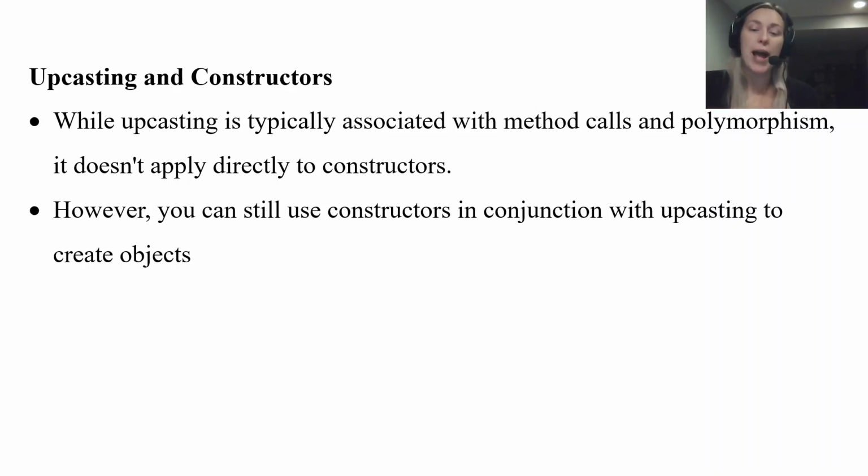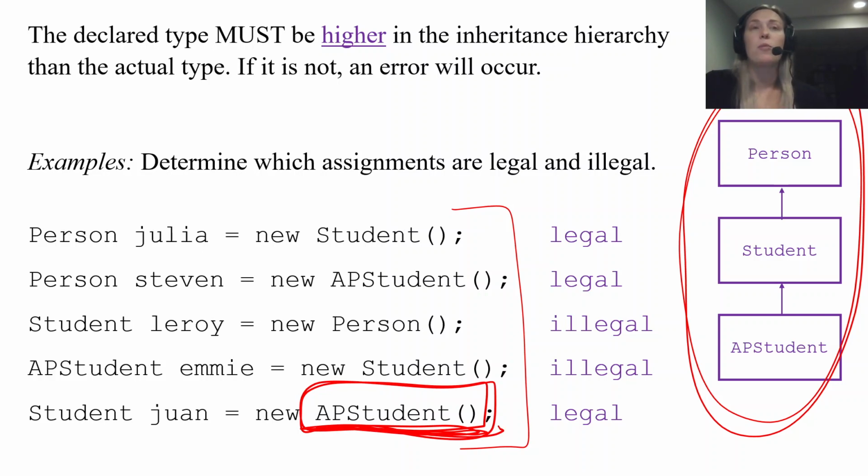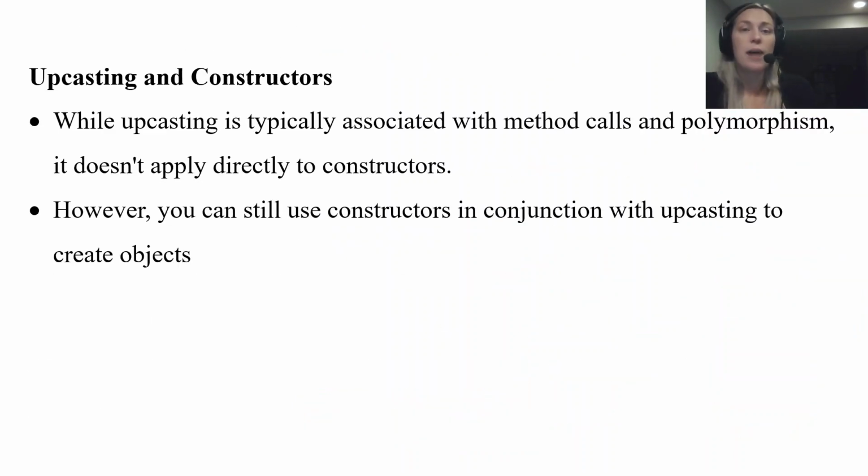Now constructors. What happens with constructors? Because we just saw, Juan is created as an AP student. He uses the AP student constructor. What does that exactly look like? Well, upcasting, the weird stuff kind of happens more with methods, and that's just due to the polymorphic behavior that it has. It doesn't necessarily happen the same with the constructors.